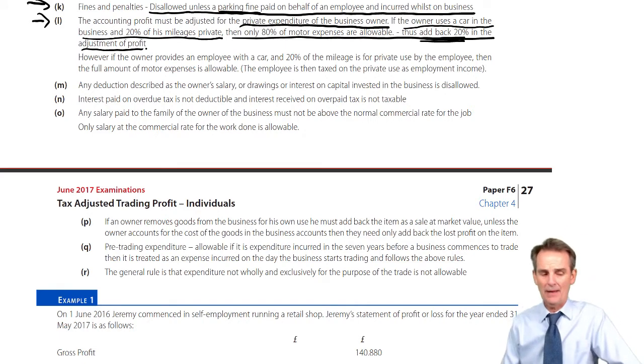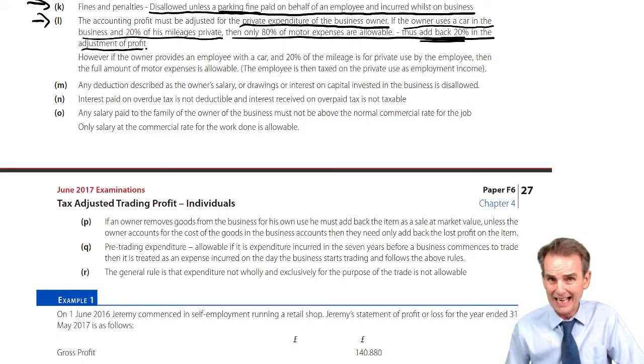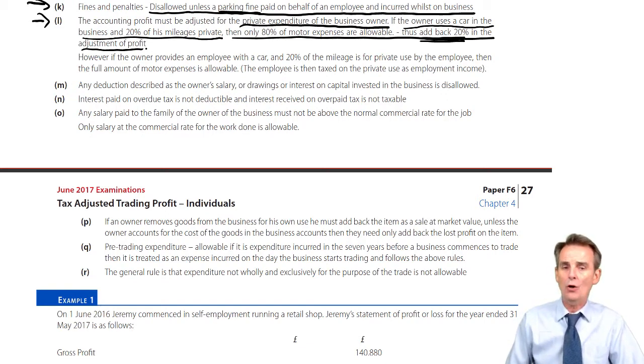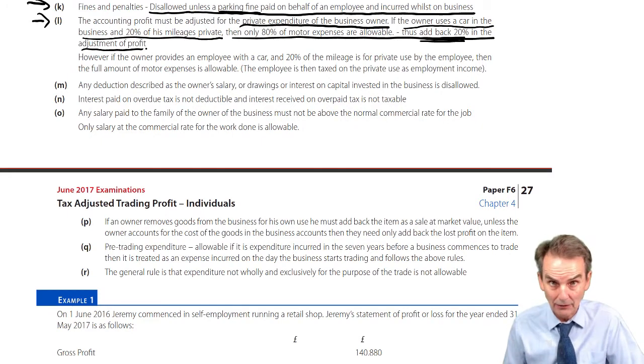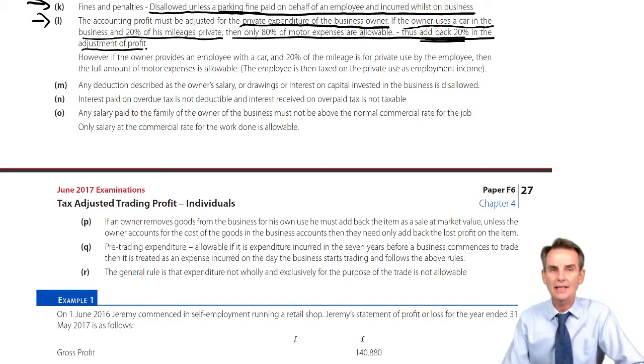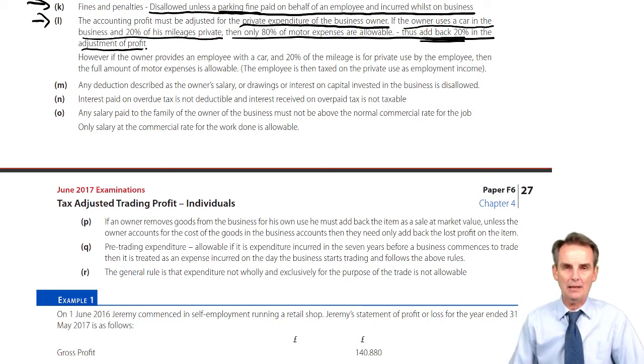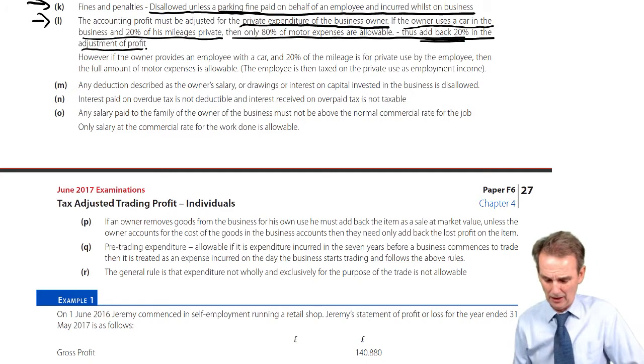Sadly, some students, and it's especially tragic on, say, an objective testing question, get it wrong by actually adding back the allowable bit, the business use element. That's what's allowable. It is the private use that is disallowed, and it is that that is going to be added back. Make sure you read the question carefully.